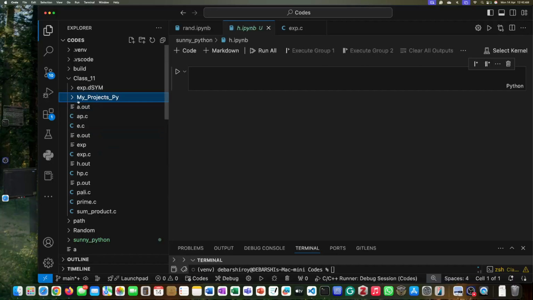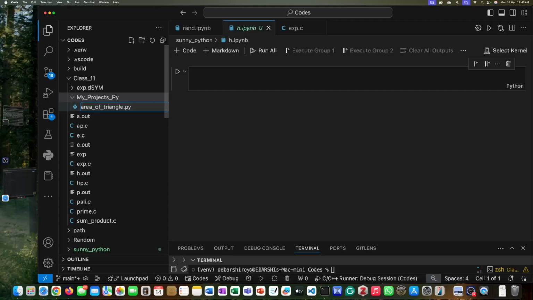Already I created one project here, my projects.py. In this project I'll create one file, that is area of triangle dot py.